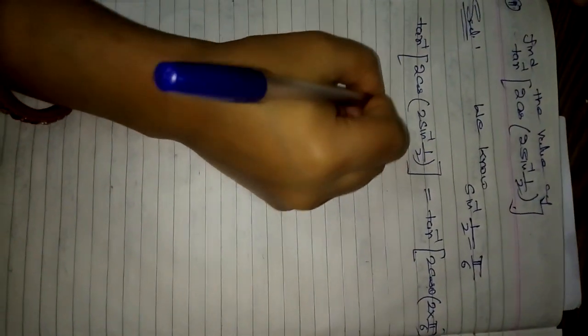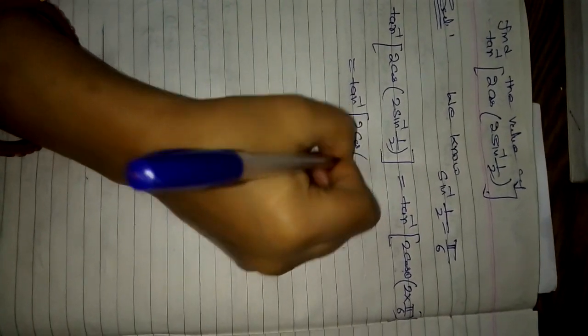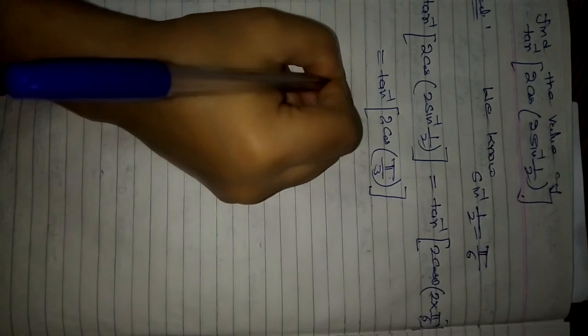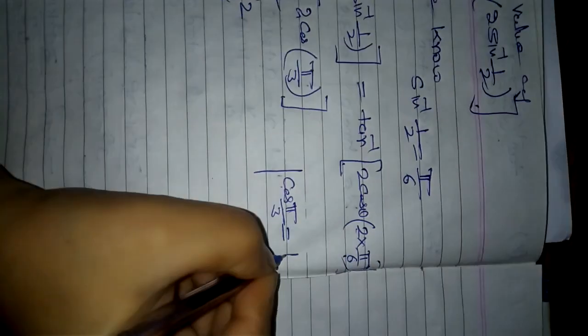After that, tan inverse 2 cos, here 2 into pi by 6 gives pi by 3, so tan inverse 2 cos pi by 3. We know the value of cos pi by 3: pi is 180, so 180 upon 3 is 60 degree, and cos 60 degree is 1 by 2.